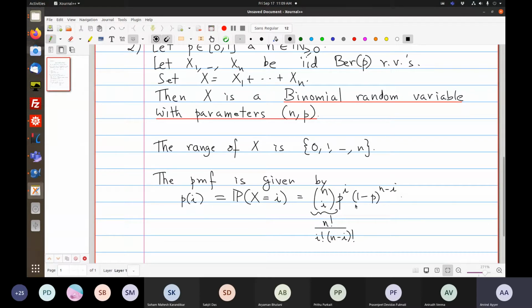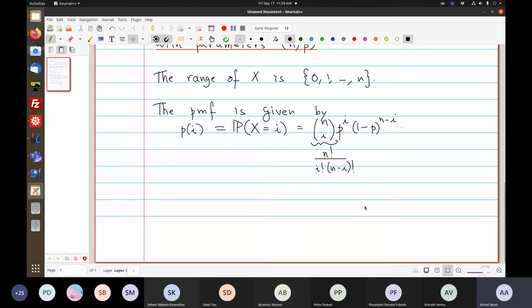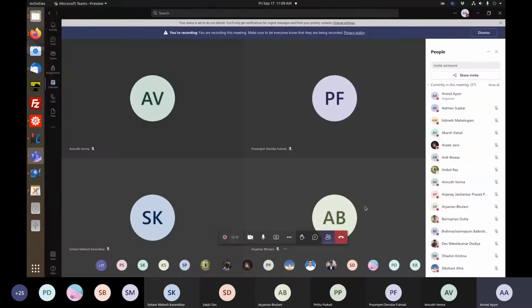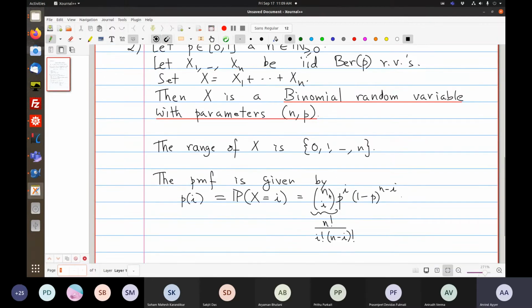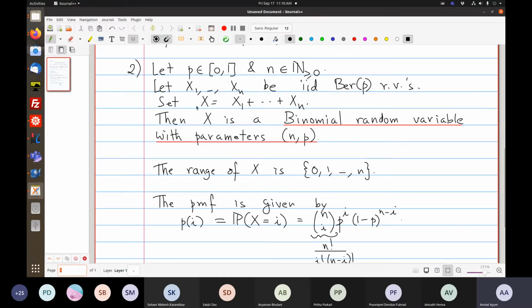And I remind you that 0 factorial is 1, like I mentioned. Any doubts about this? If you're not comfortable with why you get n choose i: you have to choose i of these n variables to assign 1, and that's exactly n choose i.